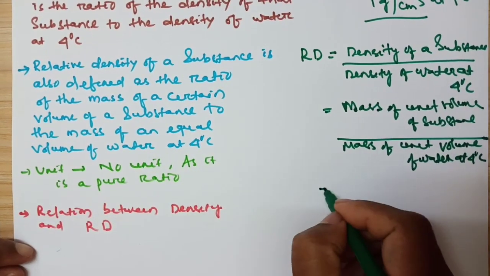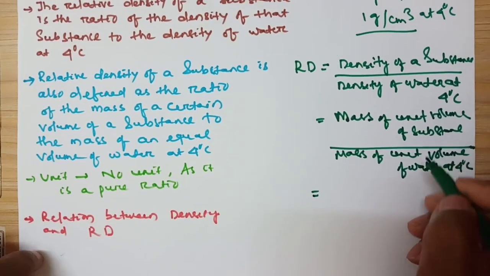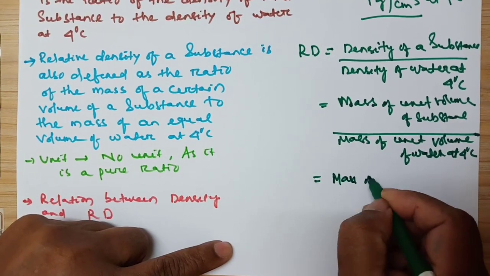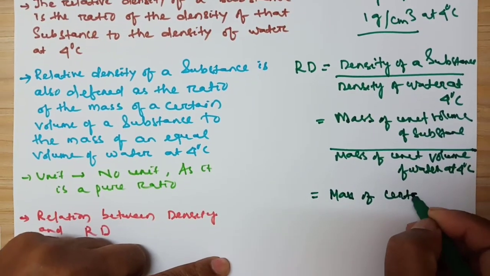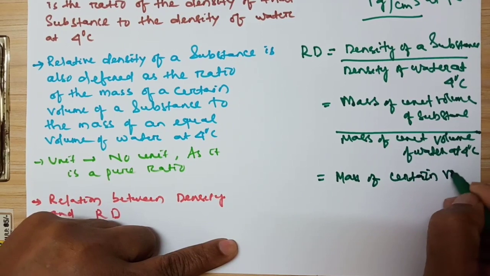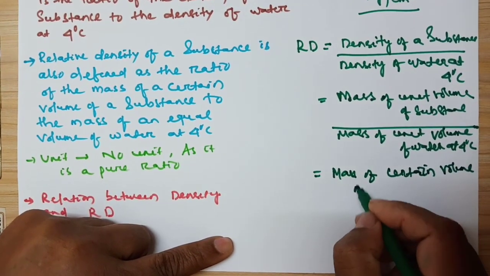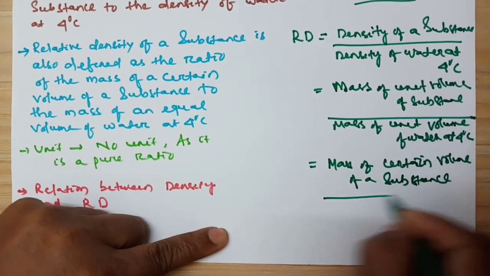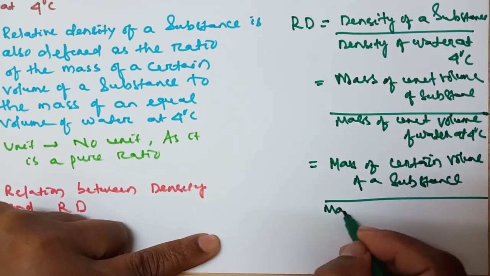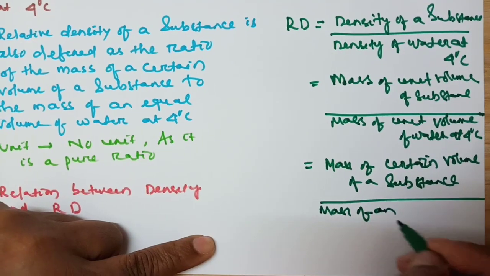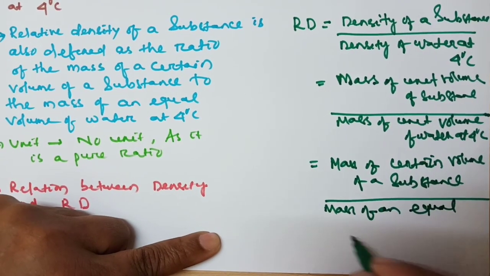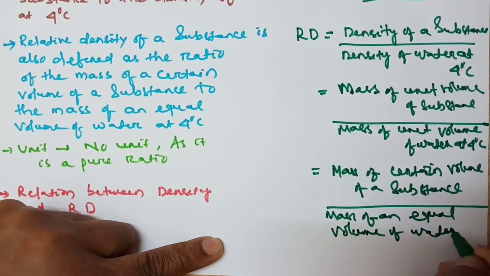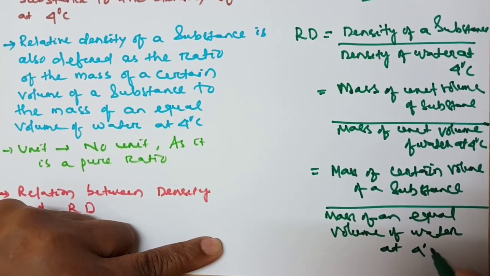So here, unit volume means you take a certain volume. You can write mass of a certain volume of a substance by mass of an equal volume of water at 4 degrees Celsius.